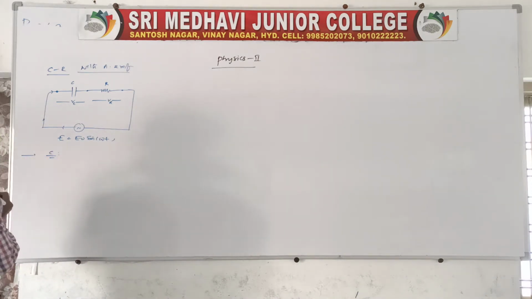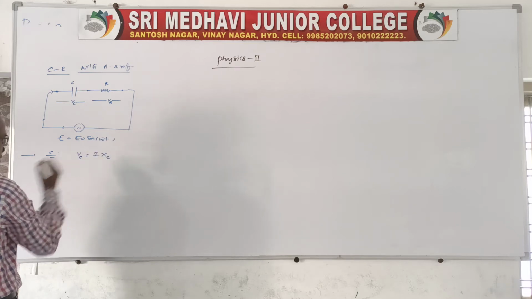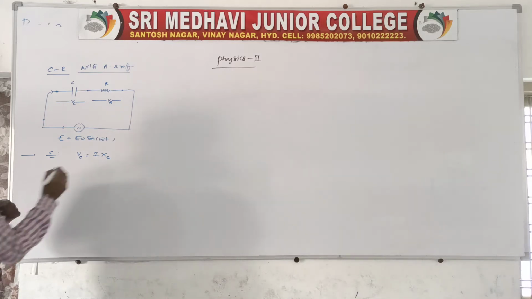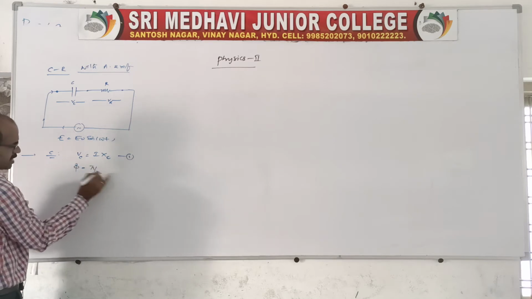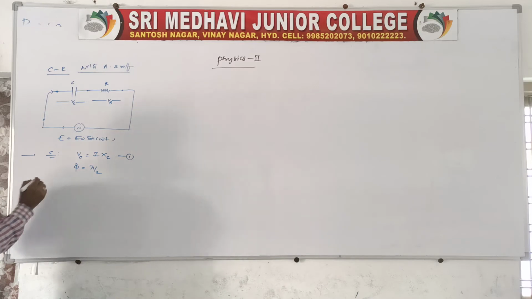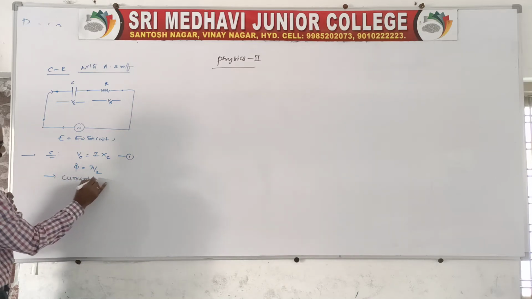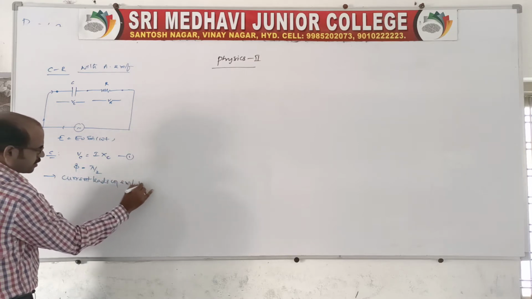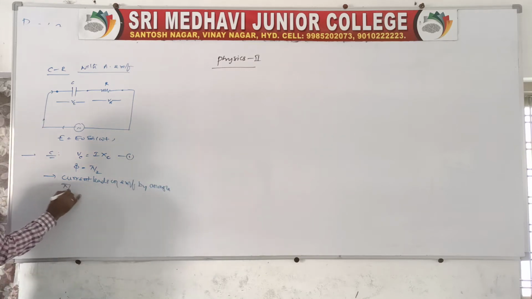First of all, you write Vc is equal to I into XC. Clear? This is related to the capacitive circuit, and the phase angle is pi by 2. We also need to mention that the current leads the EMF by an angle of 90 degrees, or pi by 2.